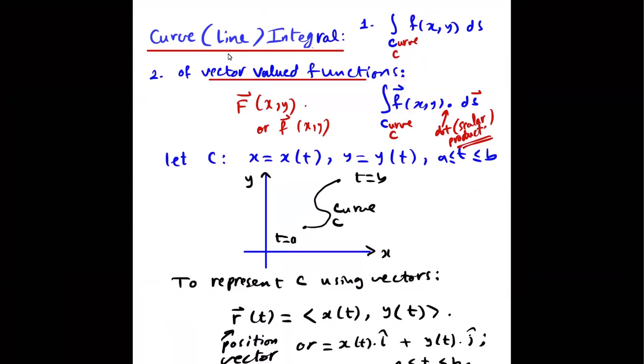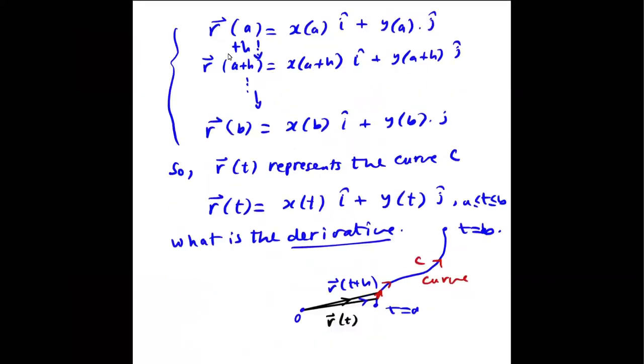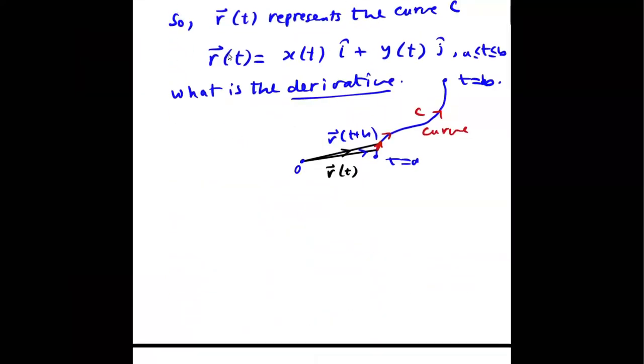If this is a force field of some force, and this is ds, a little displacement, we calculate the force dot the displacement in an infinitesimal part, and we get the work done by this force to make this small displacement. And the integration means adding all of these infinitesimal pieces of work of this force over this curve. So this is a very important physical meaning, which is the work.